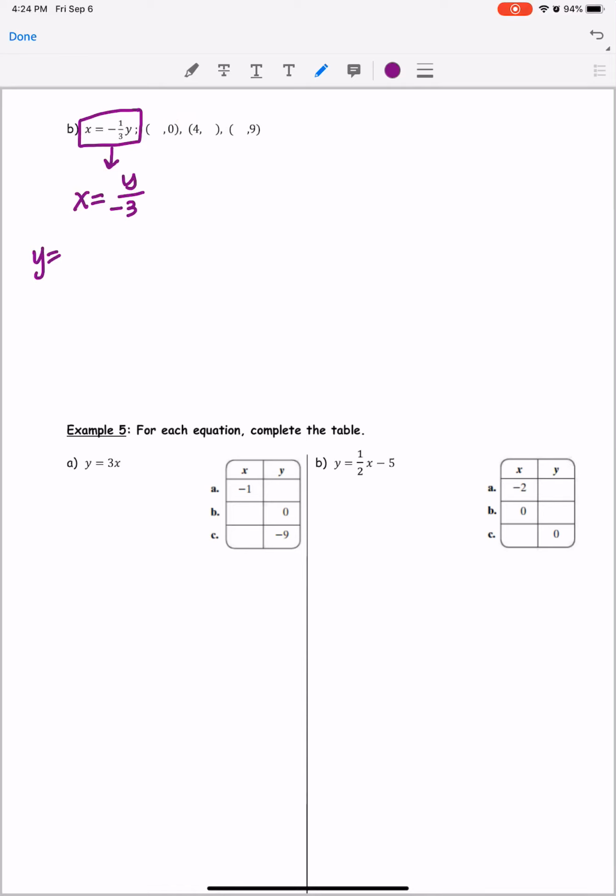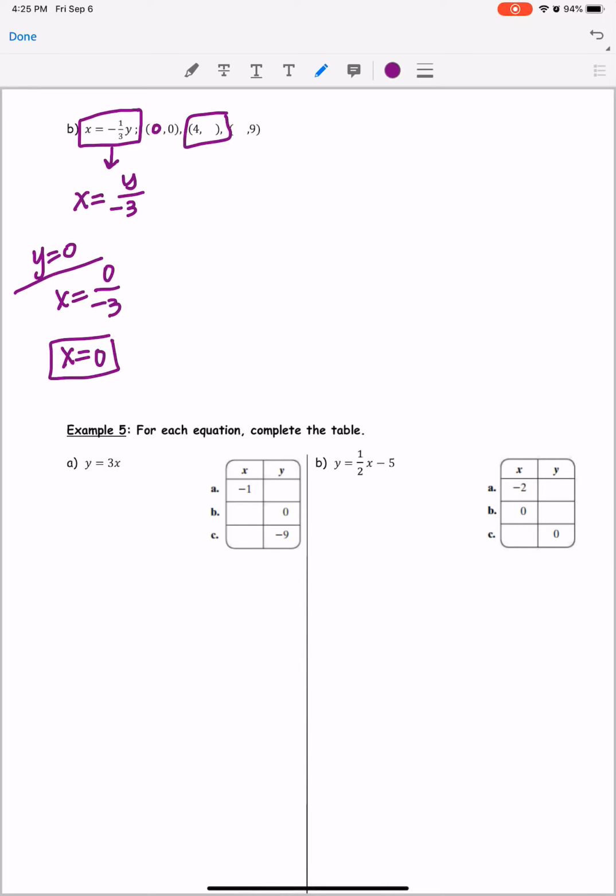So when y is 0, solve this. I've got x equals my y, 0 over negative 3. Well, 0 divided by anything is 0, so we get x is 0. So that ordered pair is 0, 0.